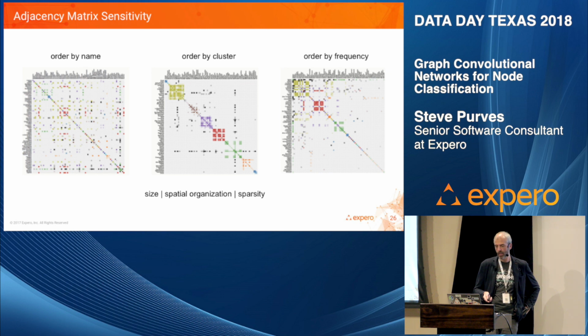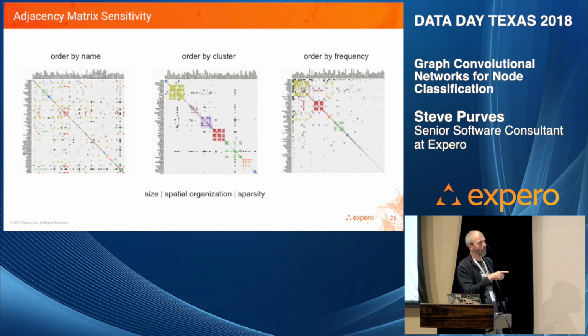So people have tried again to use adjacency matrices directly as images, but it's the size of them, the spatial organization. This is the Les Misérables data set. My French is terrible. I think it's frequency. The graph is of frequencies between character occurrences in the same scene, and this is ordered by name, ordered by cluster, ordered by frequency.